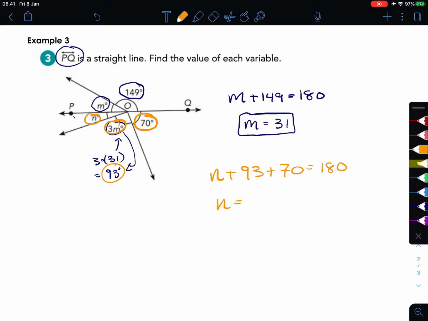That means n plus 163 is equal to 180. If I subtract 163 from both sides, then I get n is equal to 17. Those are our two answers for this question, 31 and 17.